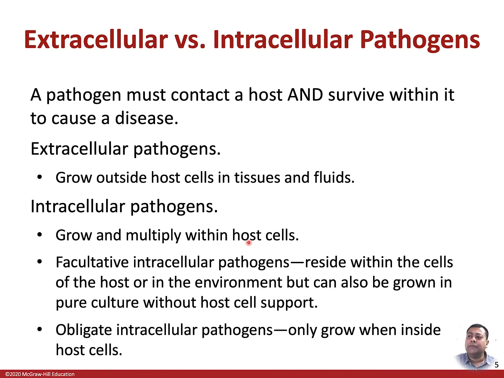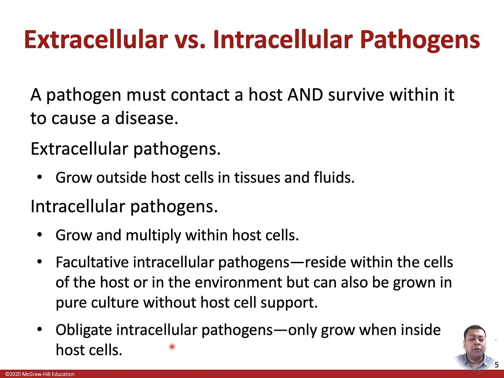Another example of that is Histoplasma, which can grow inside the cell of the host, but it can also be grown in the laboratory. On the other hand, there are some specific obligate intracellular pathogens, and these can only grow inside the host cell. A classic example of that is Chlamydia.